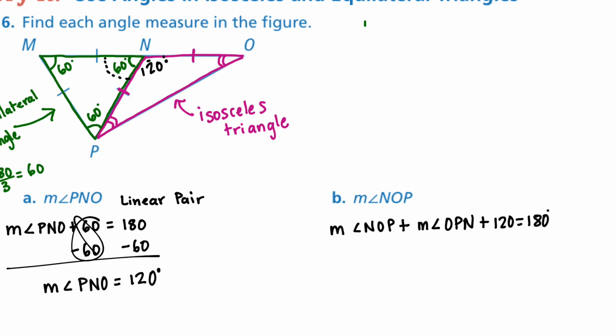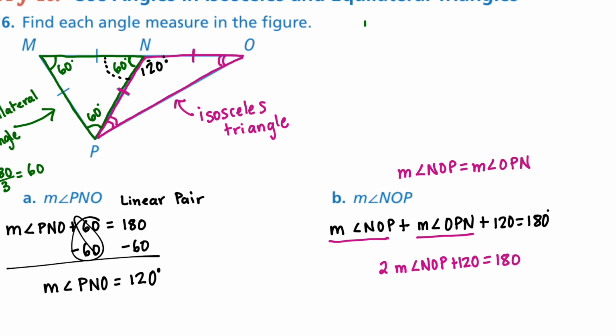These two measurements are the same, so I can rewrite it as 2 times the measurement of angle NOP plus 120 is equal to 180. Just remember that the measurement of angle NOP is equal to the measurement of angle OPN.